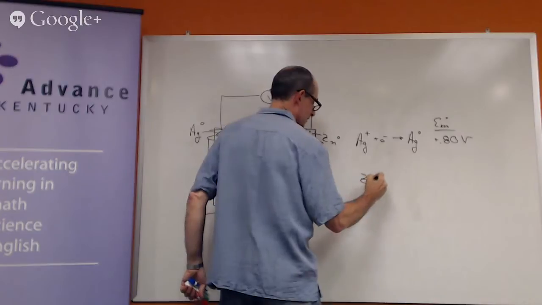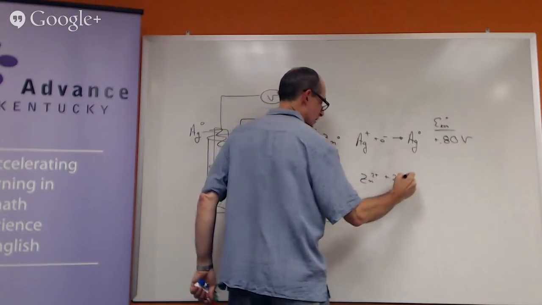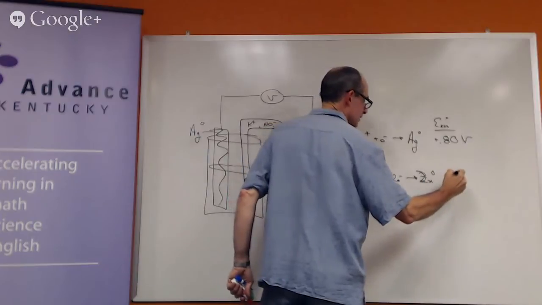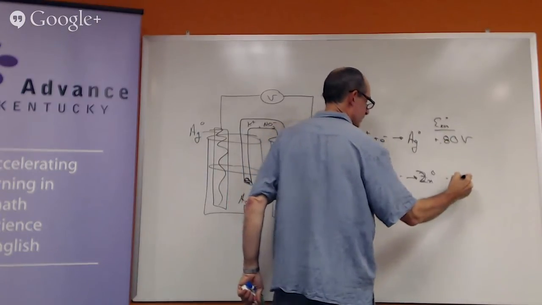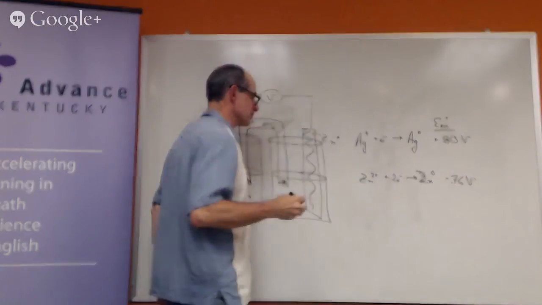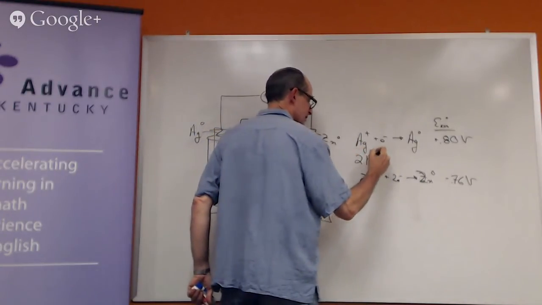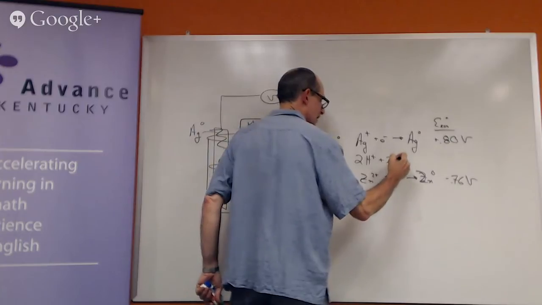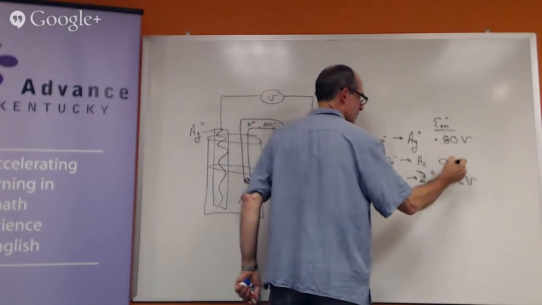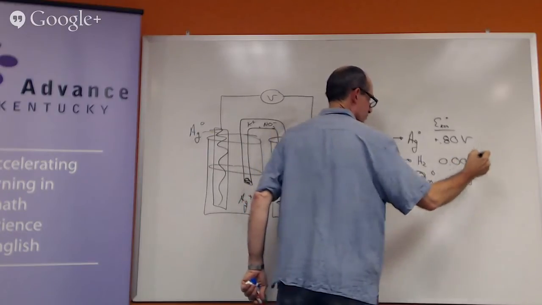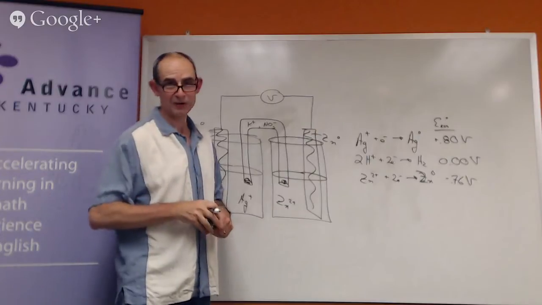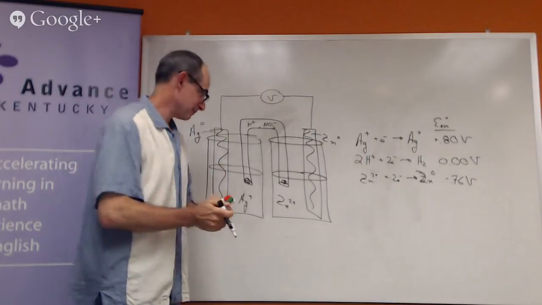And zinc ions gain 2 electrons to form zinc atoms, and the standard reduction potential there is negative 0.76 volts. And I usually like to just put in our standard here, and that's hydrogen ions gaining electrons to form hydrogen molecules, and that's 0.00 volts, because that's what the good people at the International Union of Pure and Applied Chemistry have decided.